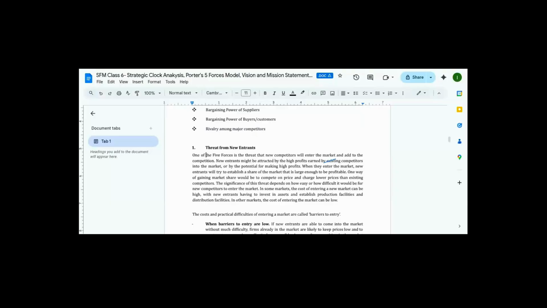What is attracting them is the sales and profit performance of all existing brands in the industry. Unless the industry is not profitable, that's the only time the new entrant will back off. But for any profitable industry, the new entrants always try to emerge. They might be attracted by the high profit earned by existing competitors in the market.